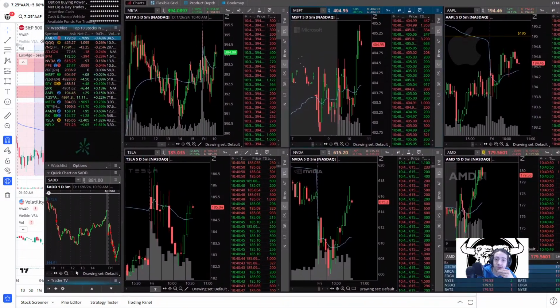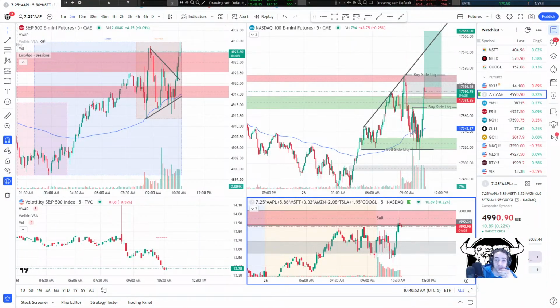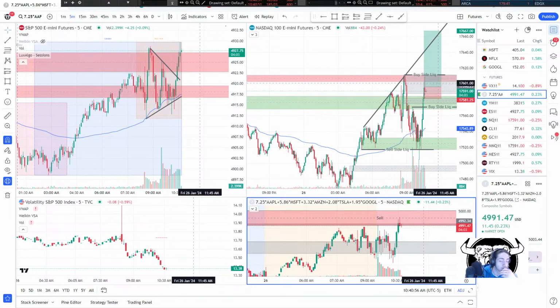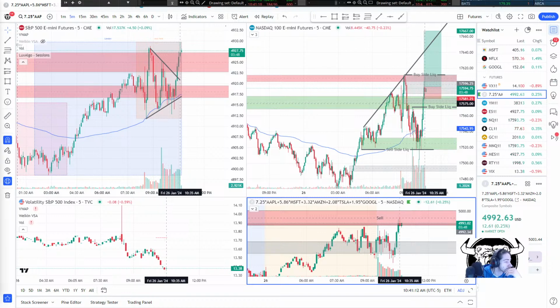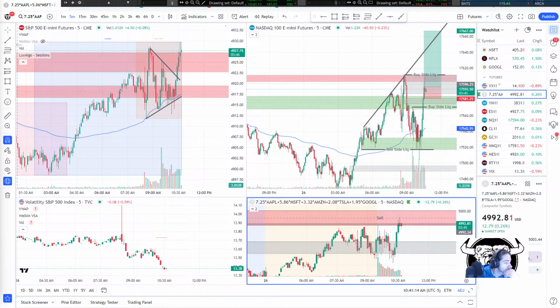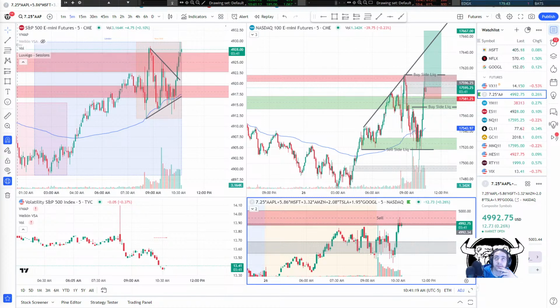But if Microsoft starts selling off pretty strong, definitely stopping out of these longs. Alright, Microsoft's catching some. There we go. Microsoft going green.